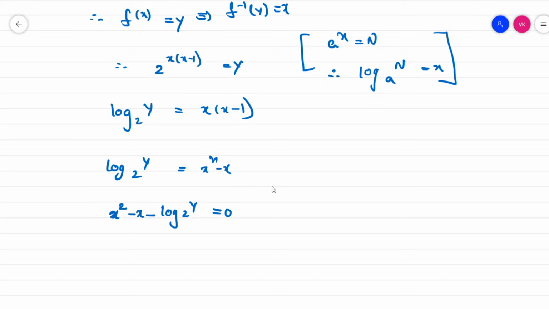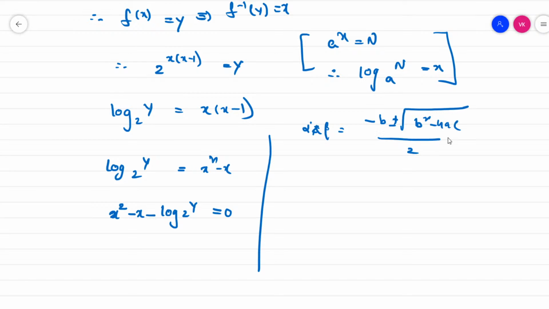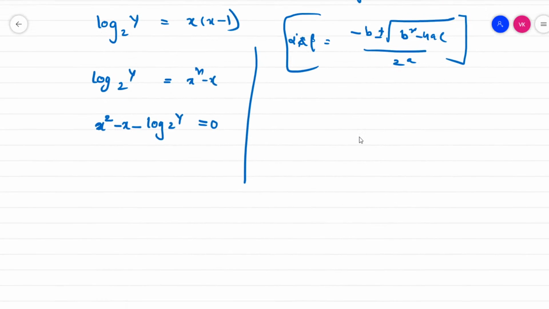Okay, now we have to find the zeros. We know the formula for alpha or beta, that is equal to minus b plus or minus square root of b square minus 4ac by 2a. Okay, let's go for that. In this equation we have to find the zeros.